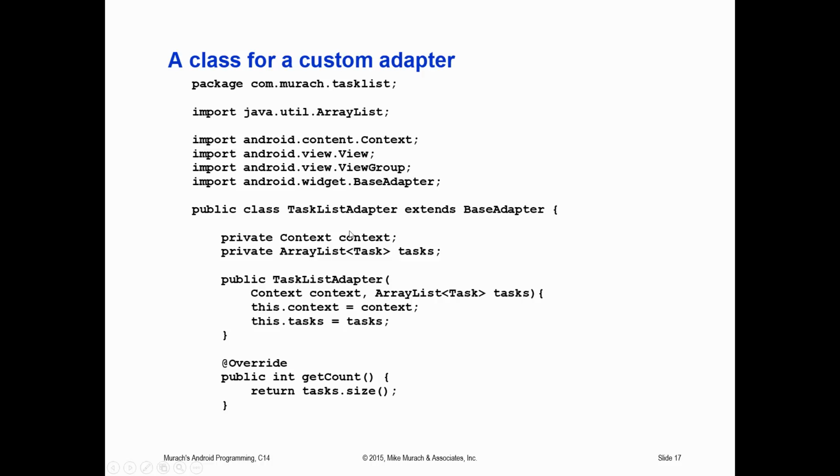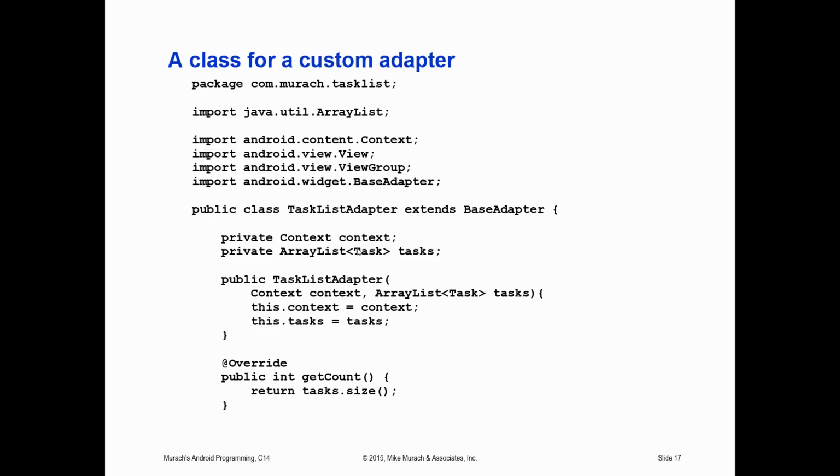Now, the class for the custom adapter is shown on figure 14-6 on pages 448 and 449. The class extends the base adapter class. Then it declares two instance variables, a context object and an array list of task objects.